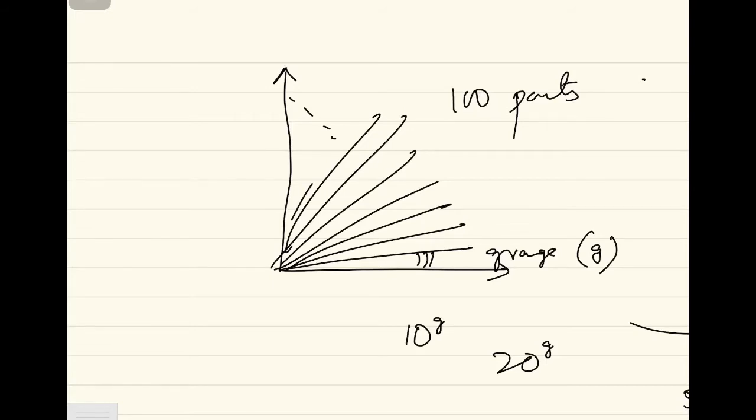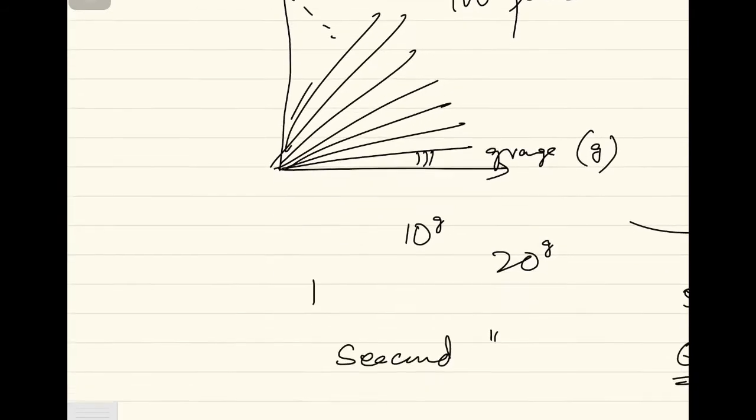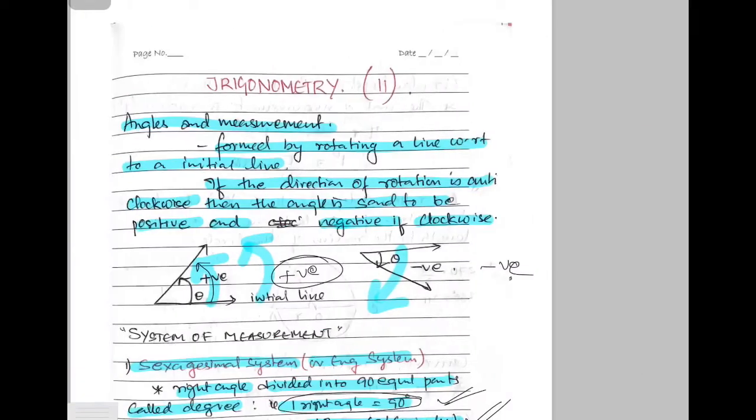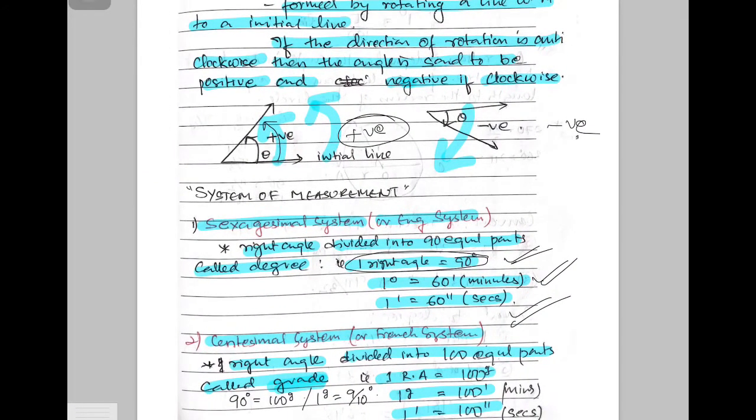Each grade is divided into 100 minutes, and each minute is divided into 100 seconds. So everything is in terms of 100 in the French system. I repeat again, the sexagesimal system is what we normally use in 9 and 10.